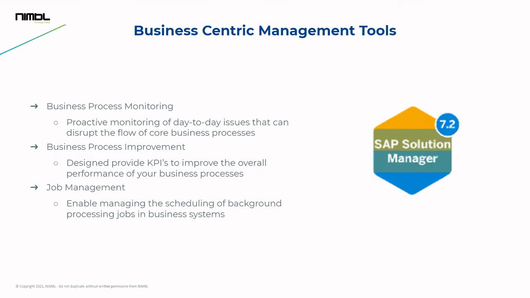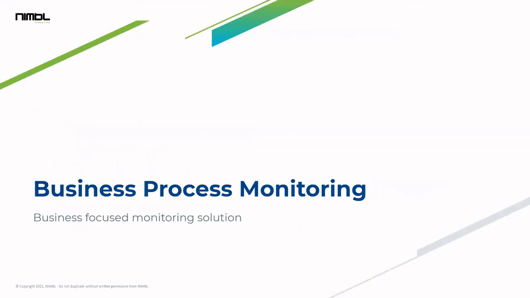So it's really monitoring the business from a high level point of view, where business process monitoring is down to the actual billing documents and their statuses. Business operations also includes job management, which is about scheduling jobs. So if you didn't know, Solution Manager does have a job scheduling feature as well, which a lot of customers are interested in, instead of paying for a third-party solution to do that.